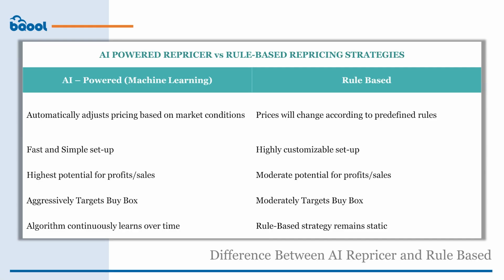It also accelerates the buy box win percentage. For the rule base, it's good if you want to exclude a specific type of competitor. But in our experience, the AI will take into account all the competitors, and it'll help you get the optimum price to win the buy box, and then it'll start raising the price for you incrementally.